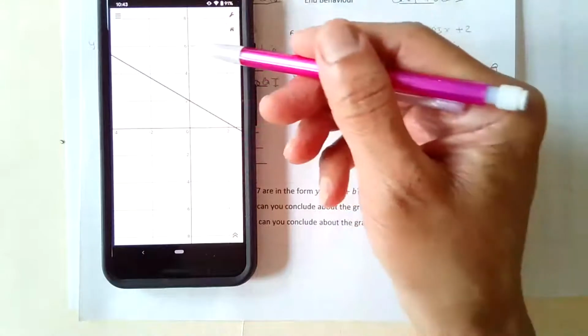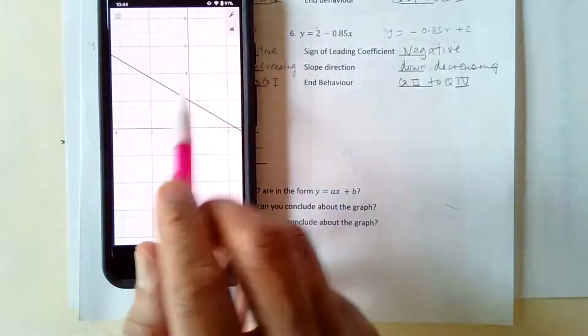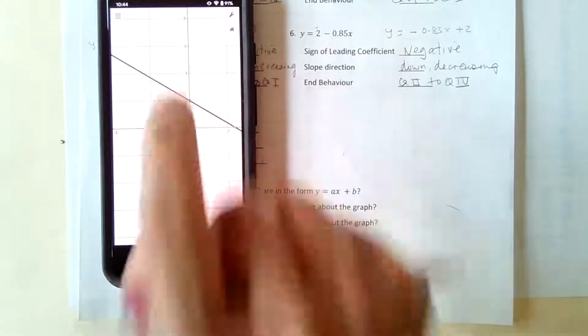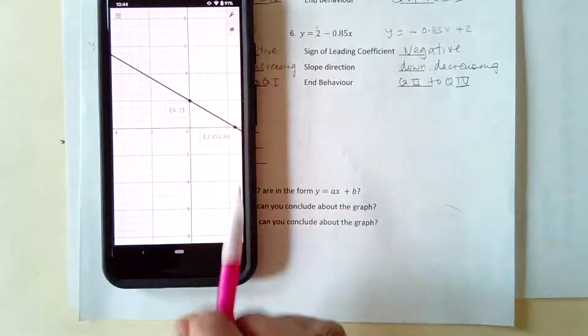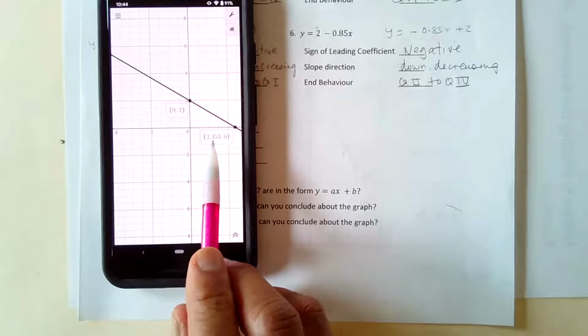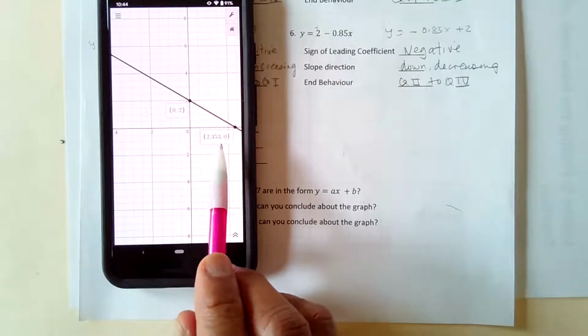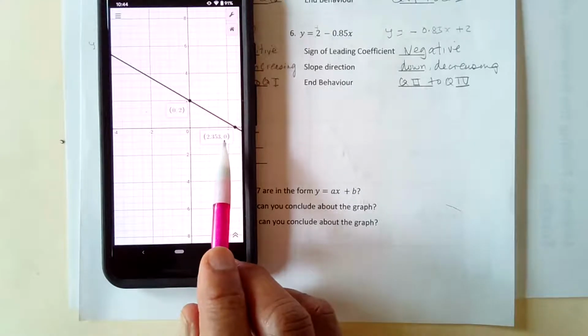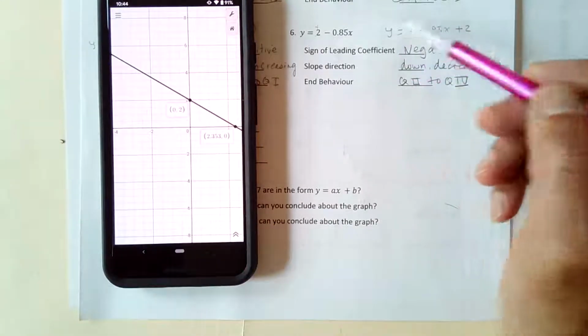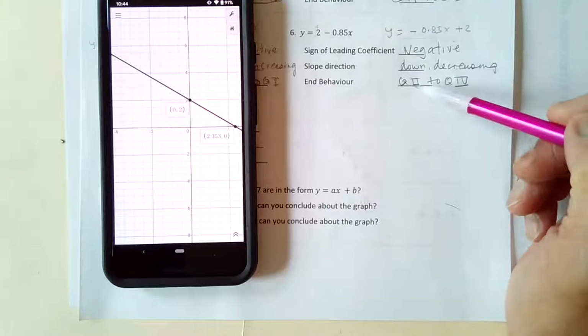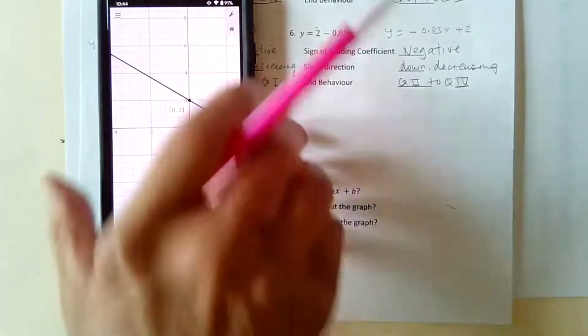So this is your y-axis. Tap on it twice, and it'll give you the y-intercept. You also tap on it twice to give you your x-intercept. The x-intercept is 2.3353, and y is 0. So the leading coefficient is negative, and it's going down from quadrant 2 to quadrant 4.